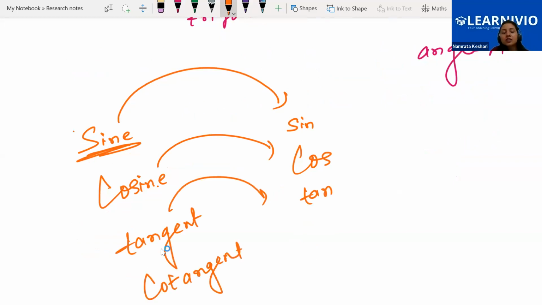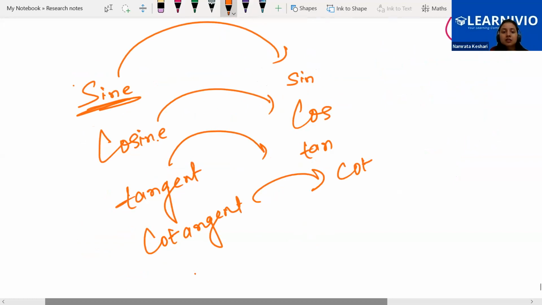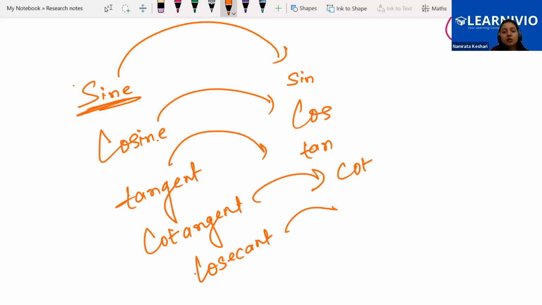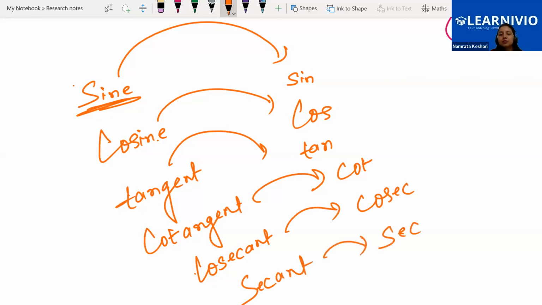Cosecant we write as cosec, and secant we write as sec. So in the exam, if the full name is given, don't get confused. If it is written tangent of angle A is equal to this, be careful, it is talking about tan A. Cotangent means cot, cosecant means cosec, secant means sec.